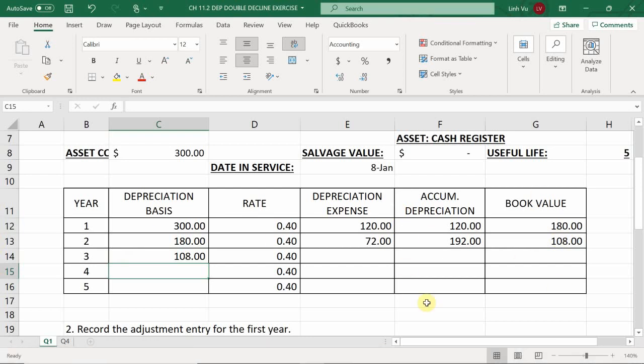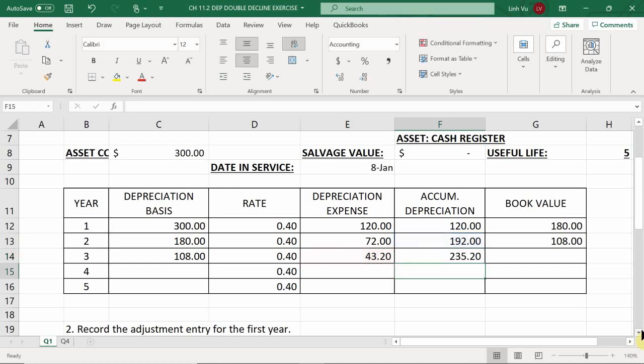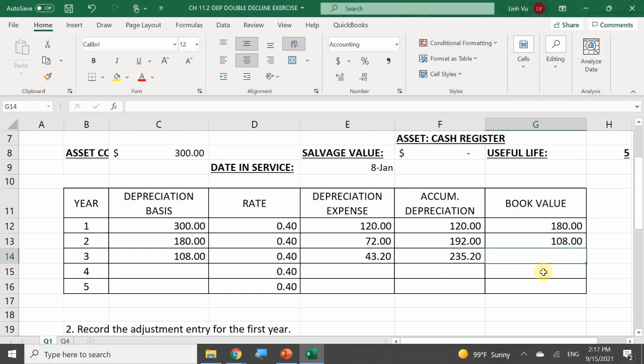I'm sorry, depreciation expense for year 3. $43.20. Okay, so that should give you a total accumulated depreciation of $235.20. Okay, so then what is my book value now for year 3?